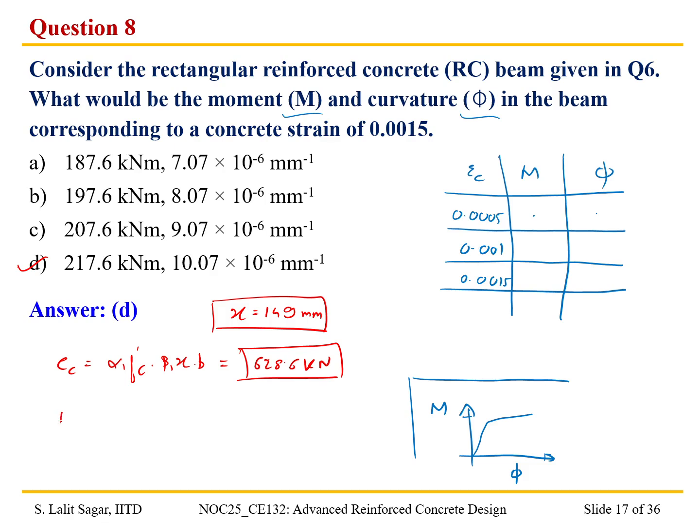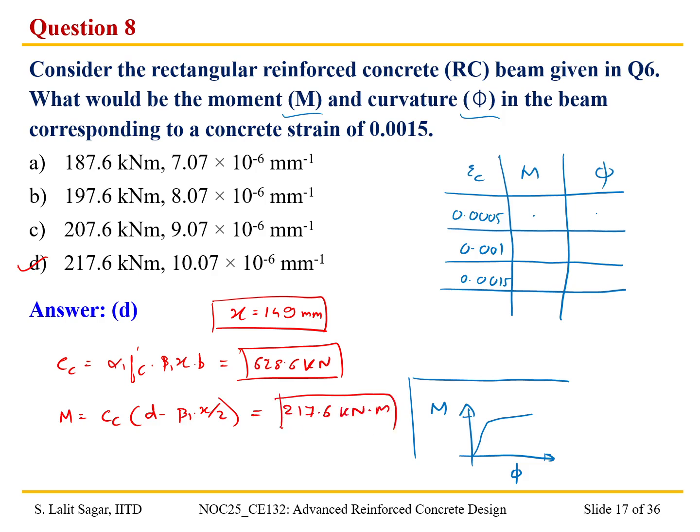And M is equal to Cc into d minus beta 1 into x by 2, which gives us a value of 217.6 kilonewton meter.